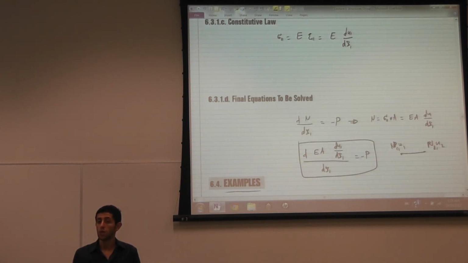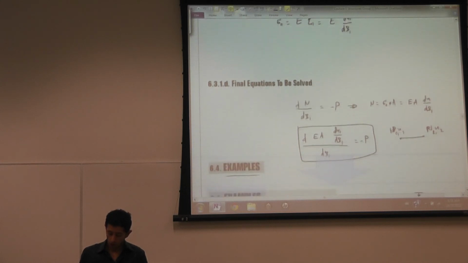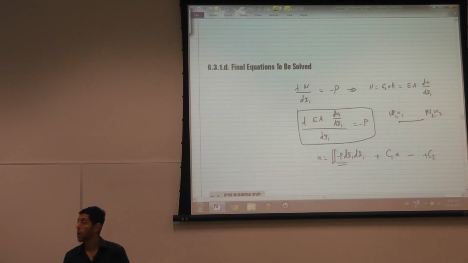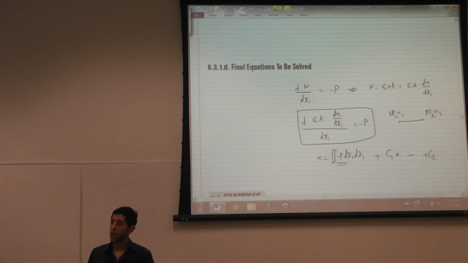So the system is fully described if you know constant 1 and constant 2, because u will be equal to the integral of a function twice, plus a constant 1 multiplied by a function, plus another constant 2. So the system is fully described by two constants, so the system has 2 degrees of freedom.